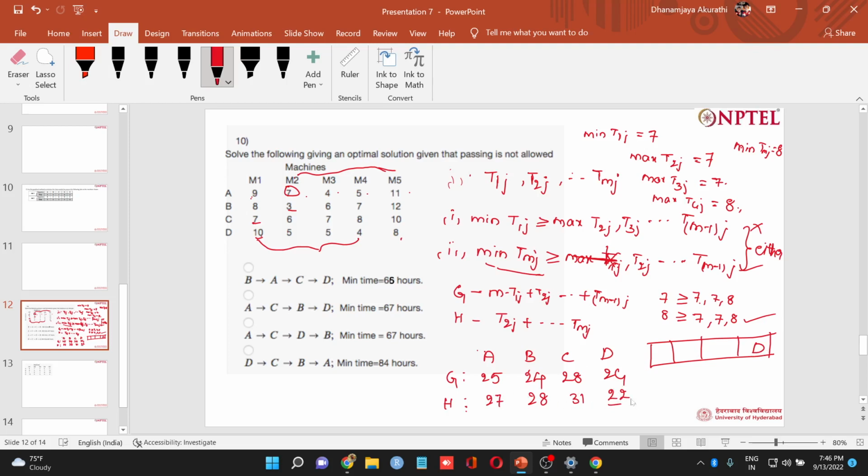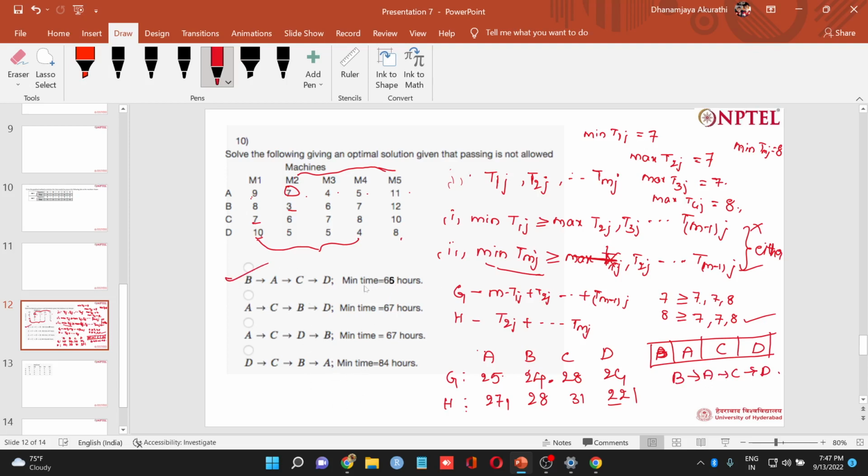The next minimum value is 25, coming from mission G, so assign A at the start, and cross out those rows. Then the next minimum value is 24, so assign B, and finally C. The sequence is B, A, C, D, so the first option is correct.